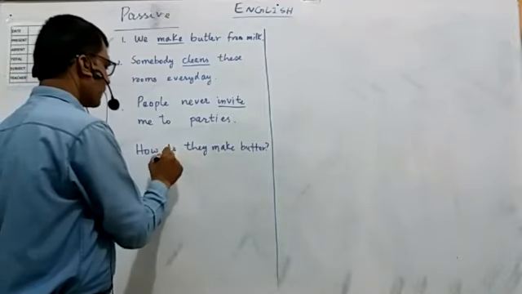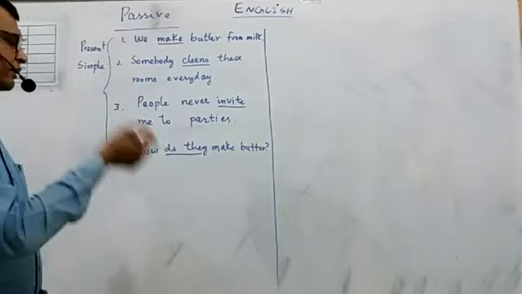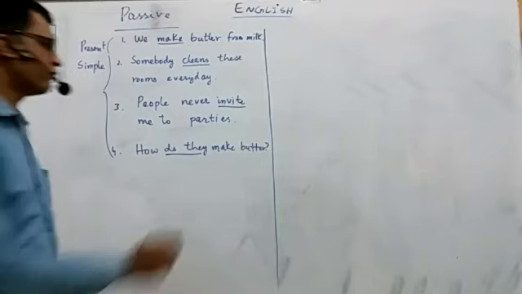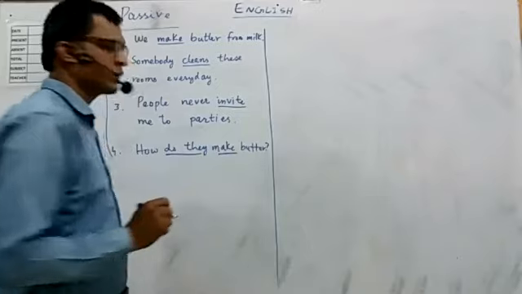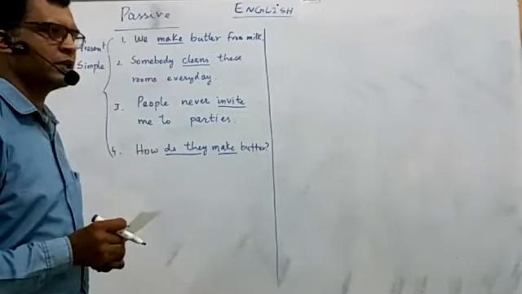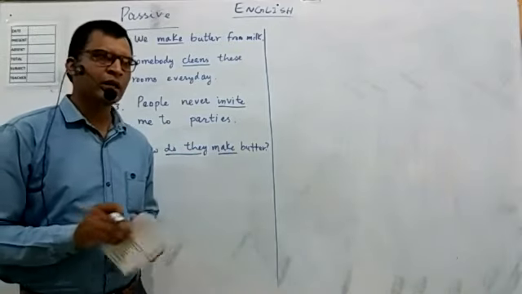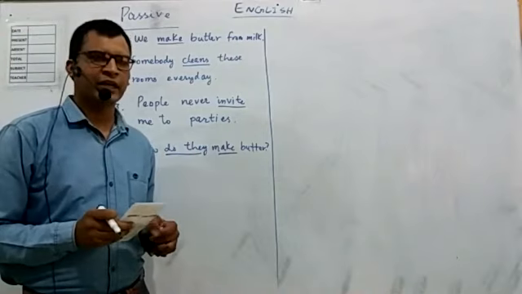And again, this is a question in which the helping verb do is used, and we have the first form of verb after that. So present simple is a tense that talks about general things, habitual things, regular things that we have.